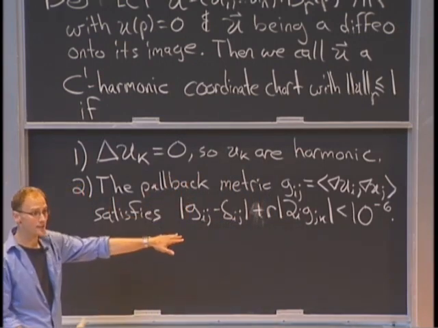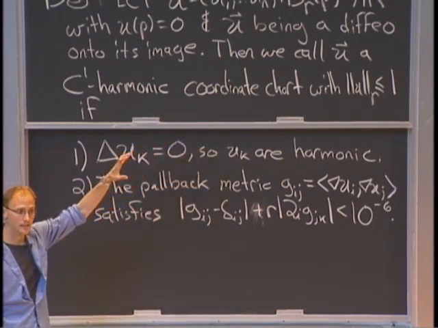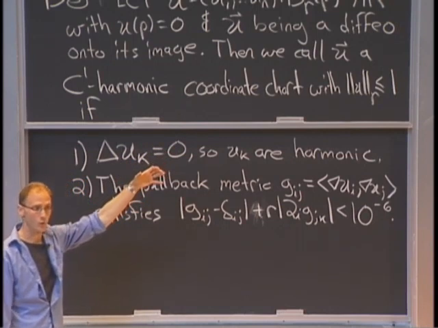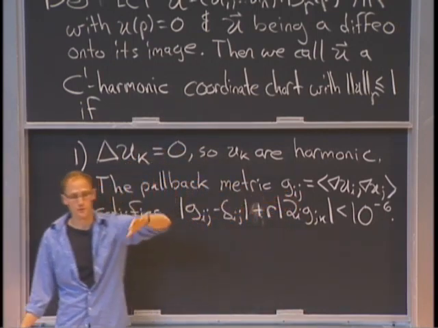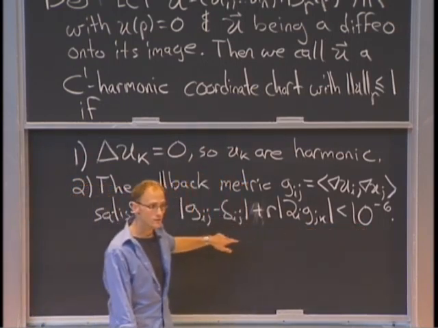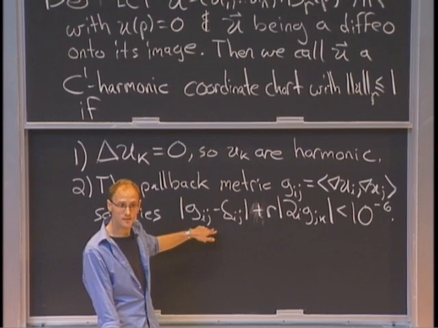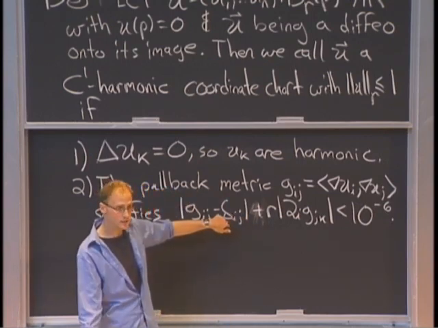What is this saying? We have our little ball in Euclidean space, that is our coordinate chart, and gij is the pullback metric on it. It's what our geometry looks like there. We're saying it looks really close to Euclidean in the C1 sense. It is pointwise close to delta ij, the standard Euclidean metric, and its derivative is pointwise close as well.